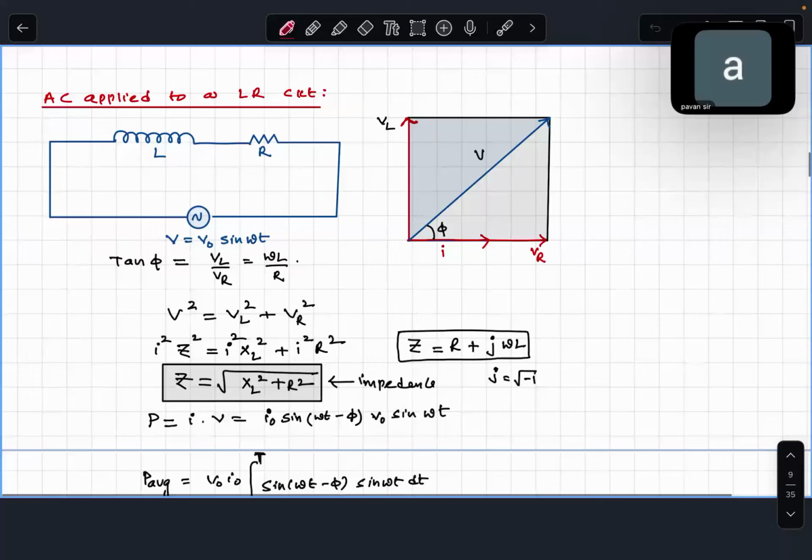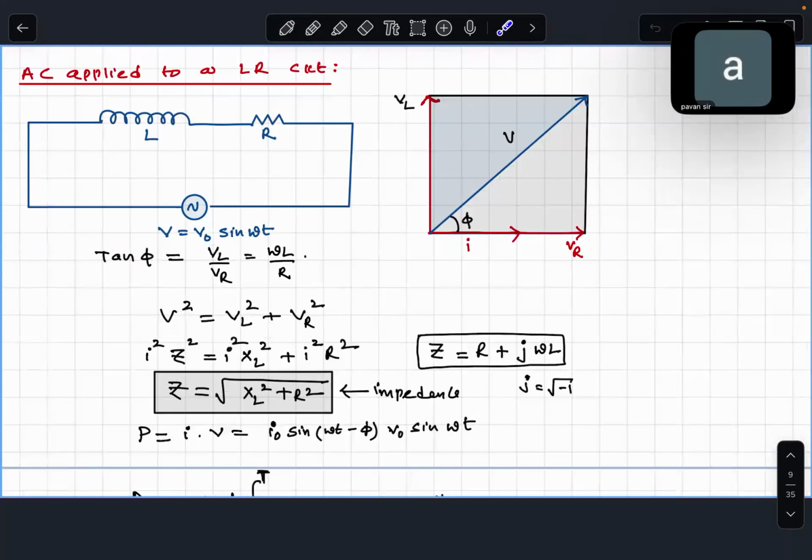Right. So today we will focus on AC applied to series LR circuits. In our previous class, our major focus was on pure inductor, pure capacitor, and pure resistor.